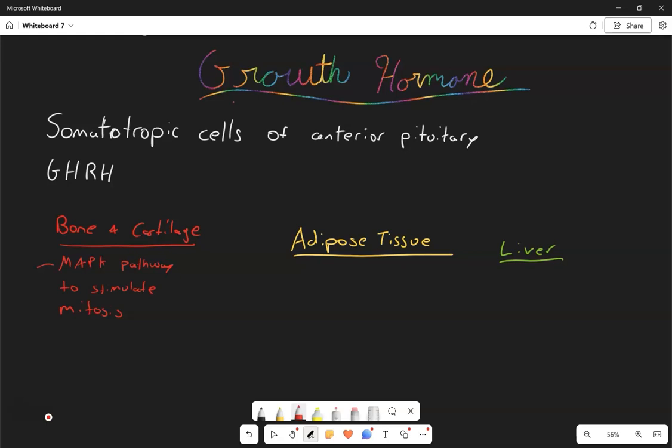Growth hormone released into the blood targets the bone and cartilage and binds to a receptor on cells of bone and cartilage. That signals the MAP kinase signal transduction pathway, which leads to transcription, translation, and eventually mitosis of the cell. So it will stimulate mitosis.